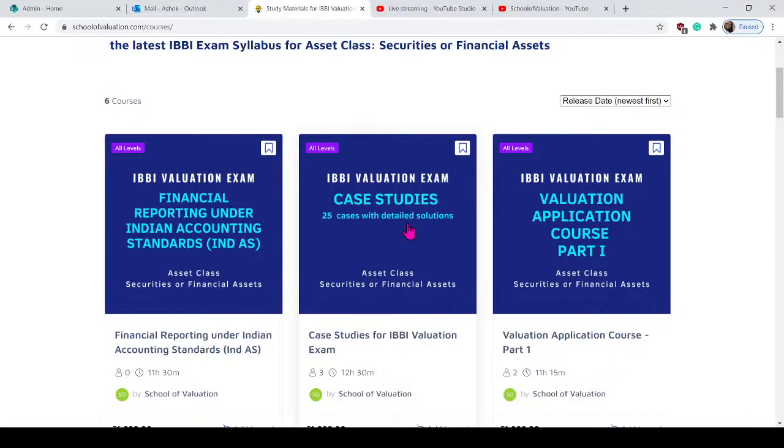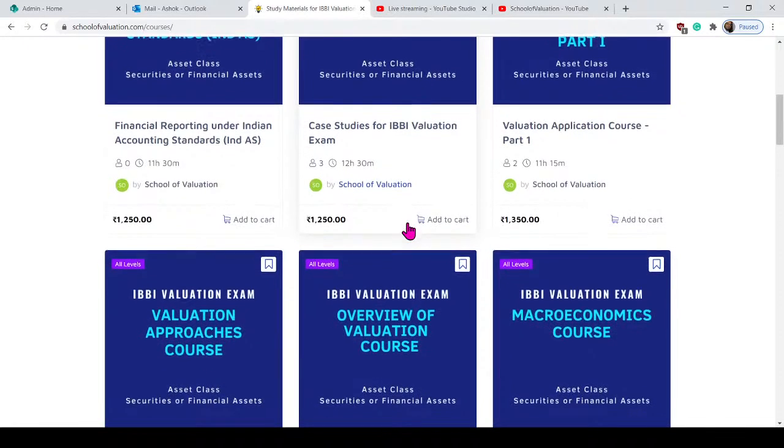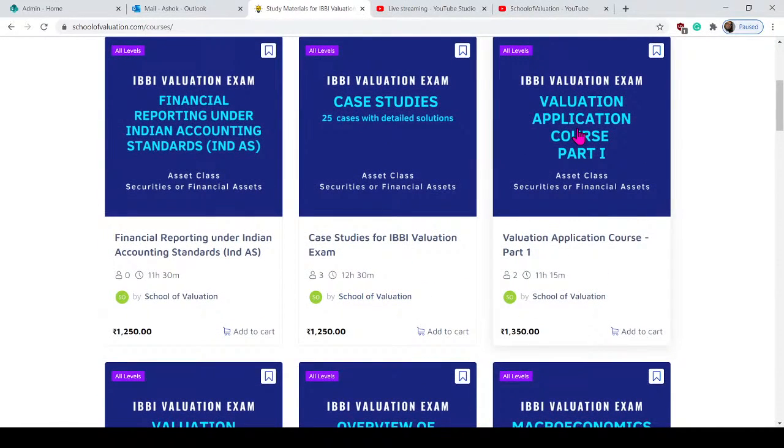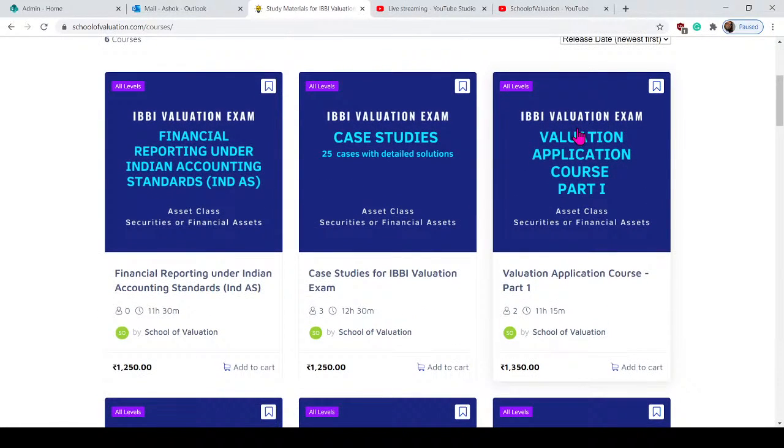If you take up any one course, I would think it takes about a week to thoroughly prepare, and there are tests in each course. For some of these courses, like valuation application part 1, I have made a database of almost 120 questions, of which the system will pick 60 to 70 questions and throw at you.